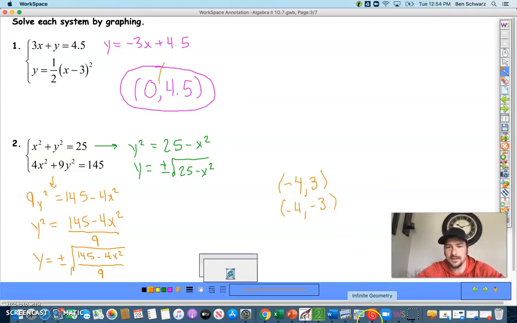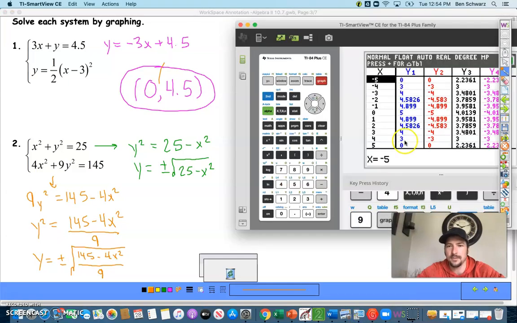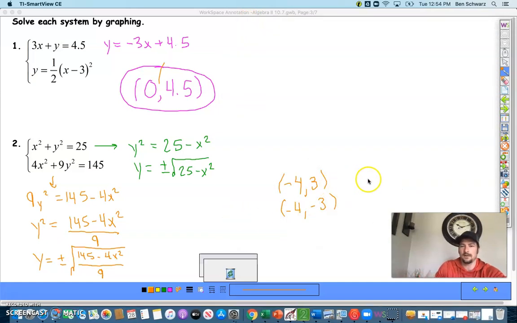And then just so you can see it on the calculator again, if we go to positive 4, you see we got positive 4, and then the 2 3's, so 4, 3, and 2 negative 3's. So 4, negative 3 is another point. So these are all of our answers right here.